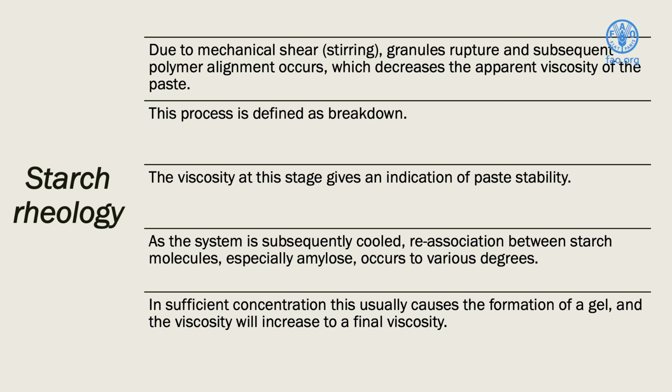Due to mechanical shearing, granule rupture and subsequent polymer alignment occur, which decrease the apparent viscosity of the paste. This process is defined as breakdown, and viscosity at this stage gives an indication of paste stability. As the system is subsequently cooled, reassociation between starch molecules, especially amylose, occurs to various degrees. In sufficient concentration, this usually causes the formation of a gel, and viscosity will increase to the final viscosity.